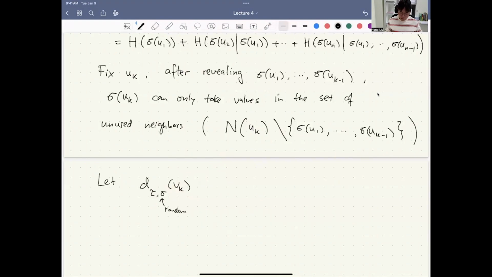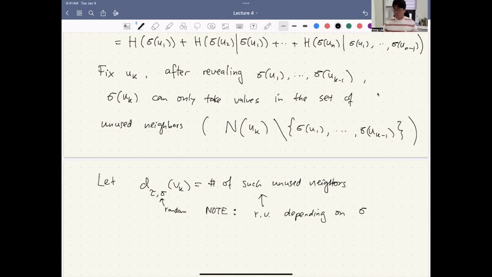Keep in mind, this is the number of such unused neighbors, and remember, this number itself is a random variable, because it depends on sigma, which is random. Good.